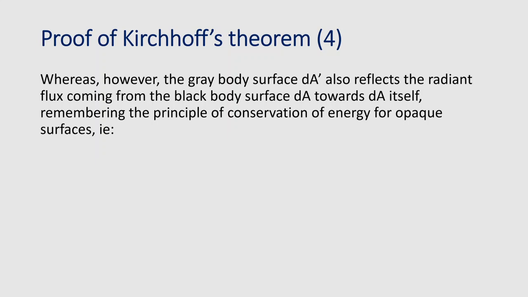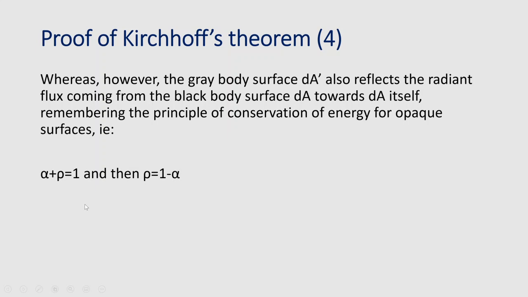This is not vice versa, because, as I mentioned, part of the energy emitted by the black body going to the gray body is reflected back. So how much is this energy? Simply, we can use this representation here.